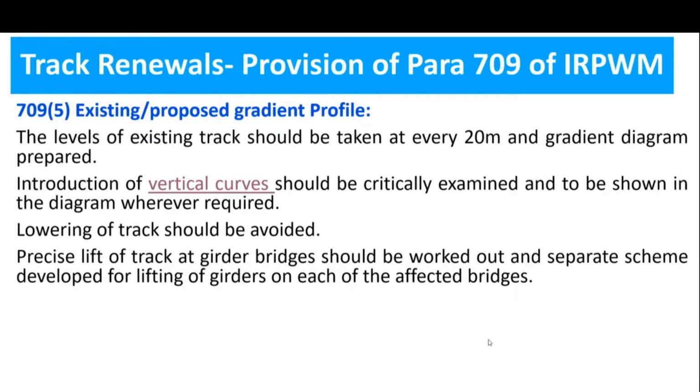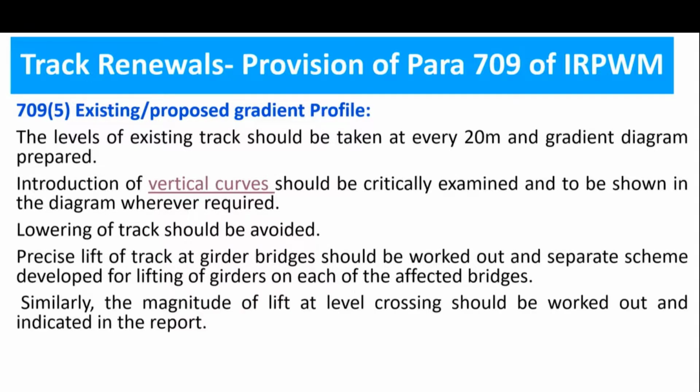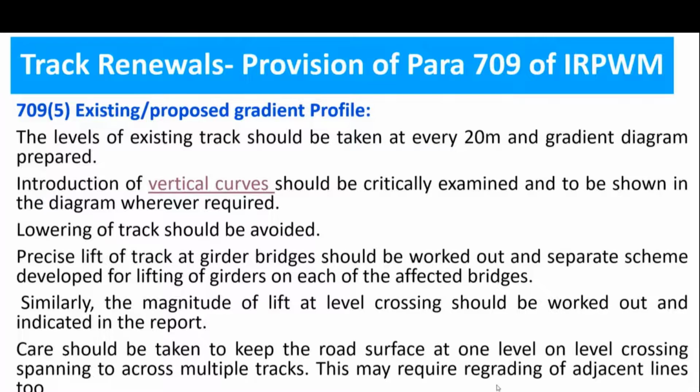These are the provisions of the Indian Railway Permanent Way Manual. Similarly, the magnitude of lift at level crossing should be worked out and indicated in the report. Care should be taken that the road surface at level crossing is in the same plane. Where there are multiple tracks, the other tracks may also require raising and regrading.